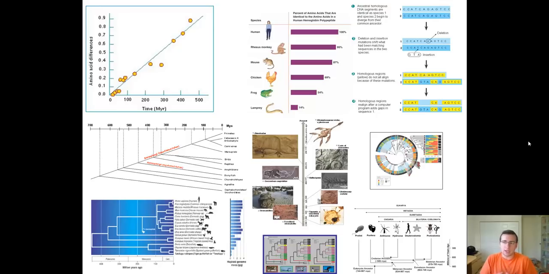But molecular clocking, which is based on analyzing and comparing DNA sequences of different organisms on Earth, can be used to determine how long ago these two organisms shared a common ancestor. And since this happens in a predictable biological way, we can actually estimate the age of these specimens.